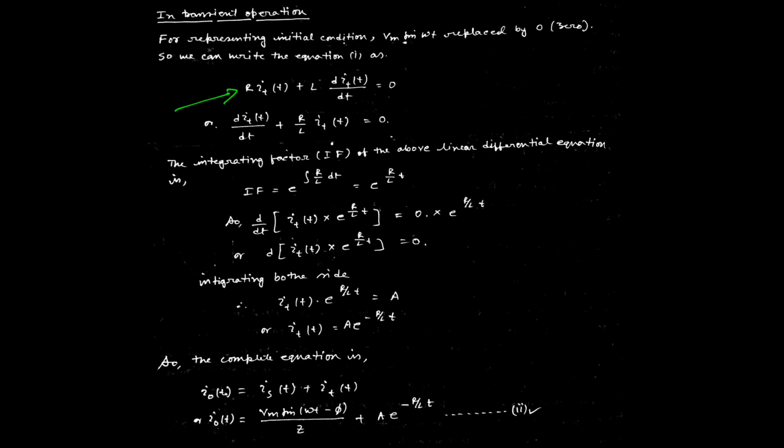Dividing both sides by L, we get the expression d/dt plus R by L i_t. Then the integrating factor IF equal to e to the power integration of R by L dt. This one is the integrating factor.